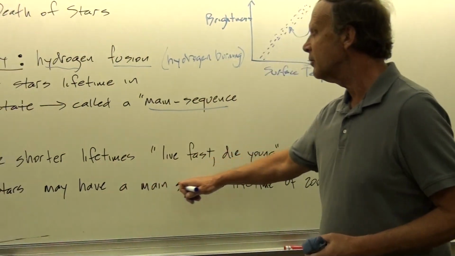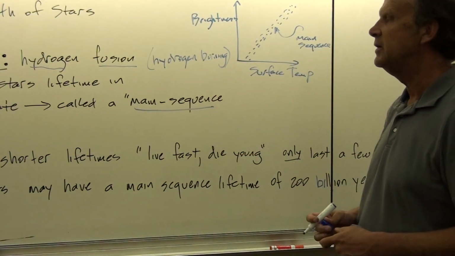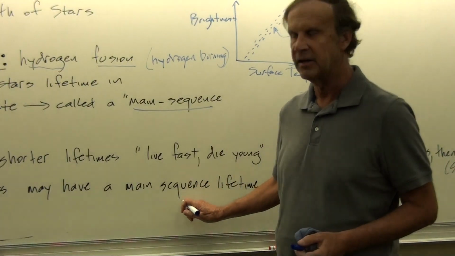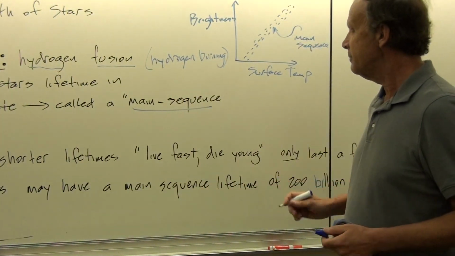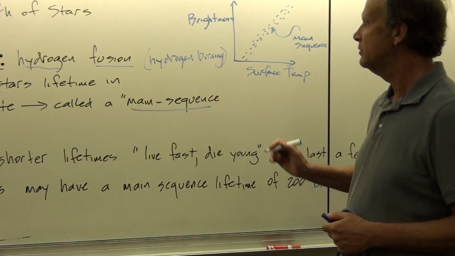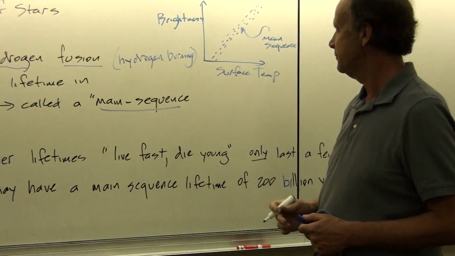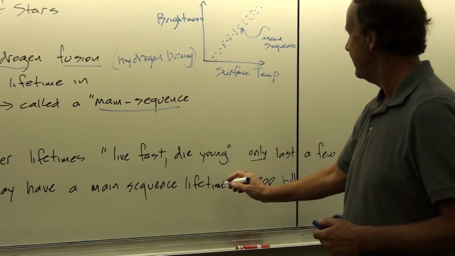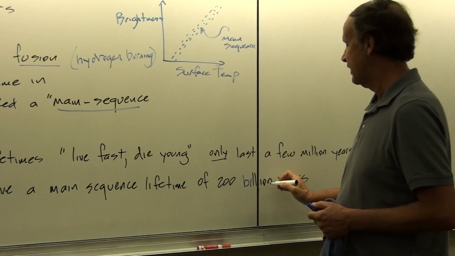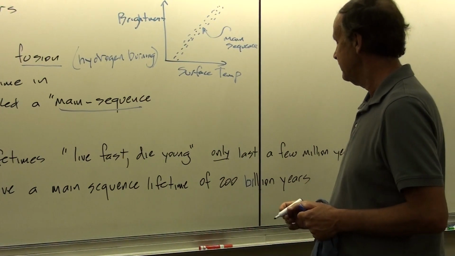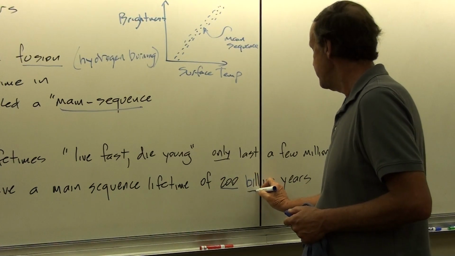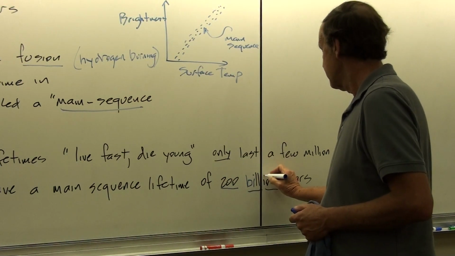But the smaller red dwarf stars, which are maybe only half the mass of our sun, burn their hydrogen so slowly that they can have a main sequence lifetime, where they're converting hydrogen into helium, of 200 billion years.